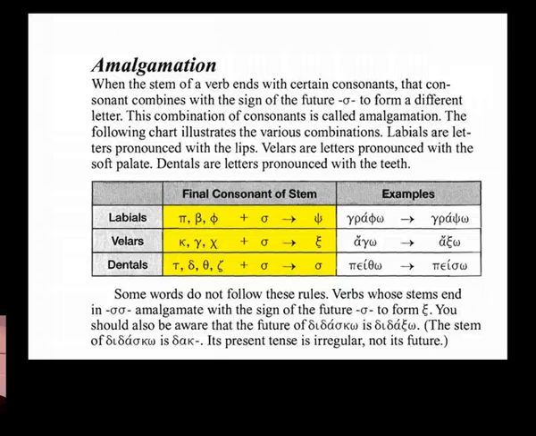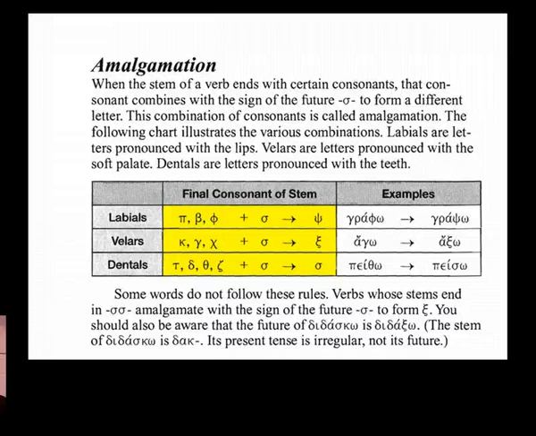There are three kinds of letters that, when they have a sigma added to them, change. Labials, which are letters pronounced with the lips, pi, beta, and phi, when you add a sigma to them, become psi. So pi, beta, phi plus sigma equals psi.